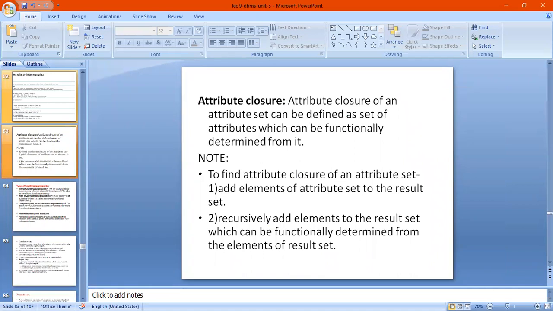Note, to find the attribute closure of an attribute set, add the elements of the attribute set to the result set. Recursively, add elements to the result set which are functionally determined by the elements of the result set.